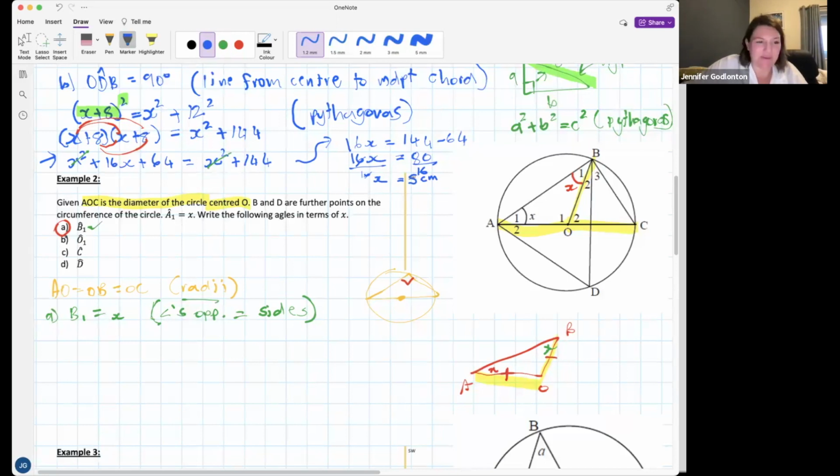Let's look at the next one. O1. Now we're looking for this angle here. Think about a triangle and think about what the sum of the angles in a triangle is. Isn't O1 180 minus 2X? Yes, beautiful, 100%.